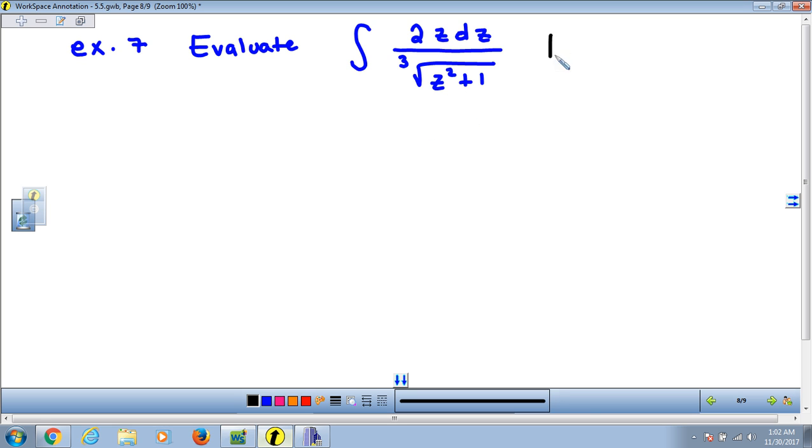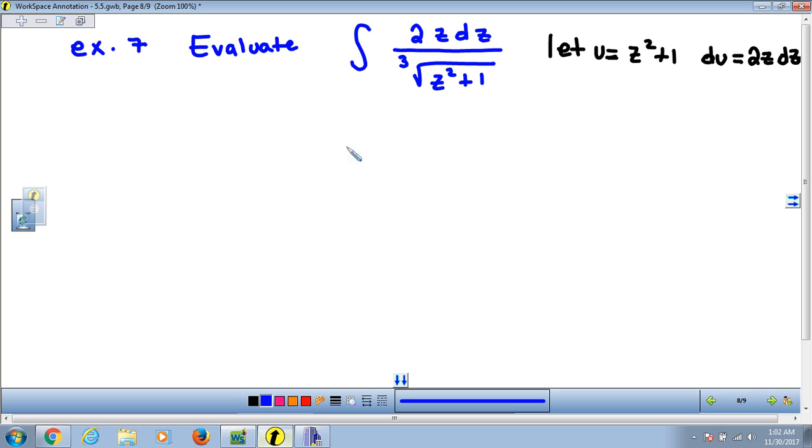So who's going to be u and what's going to be the derivative of that u that you choose? U will always have to be a function that is inside of another one. So z squared plus 1 is inside of the cube root function. So u is z squared plus 1, and du is going to be the derivative of this, which is 2z dz. Don't forget to write it like that, dz.